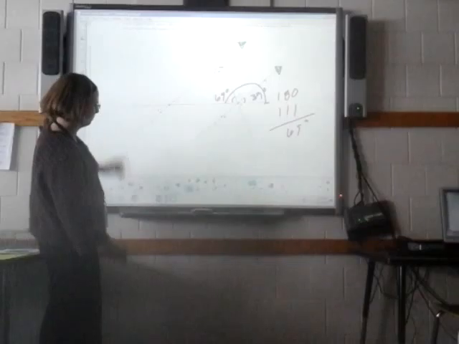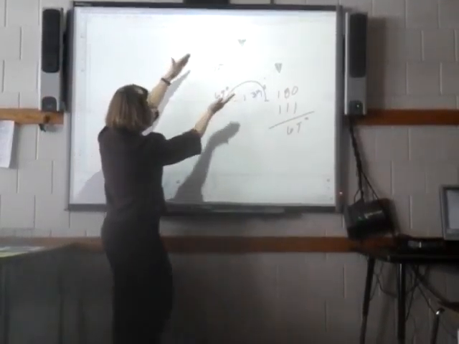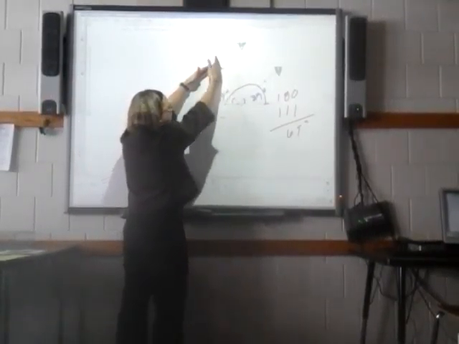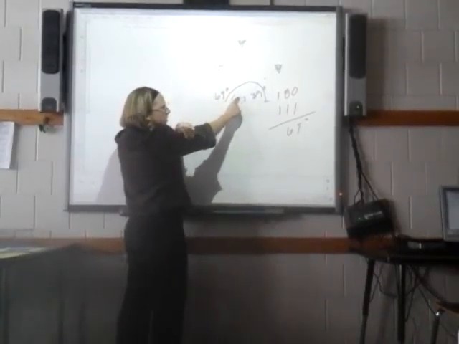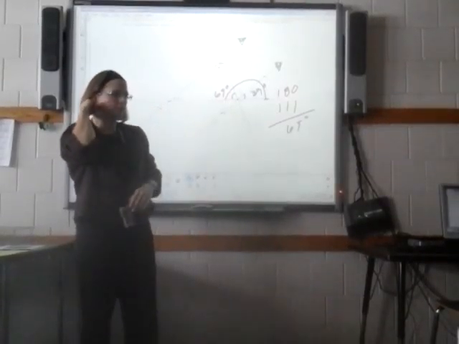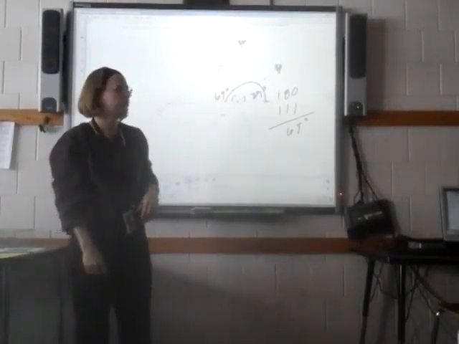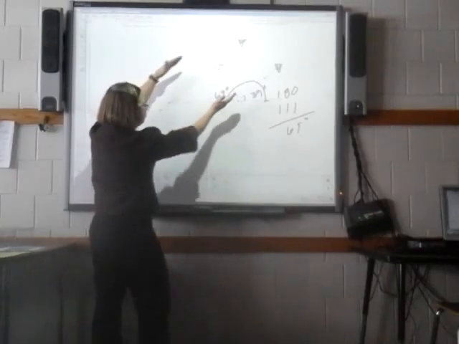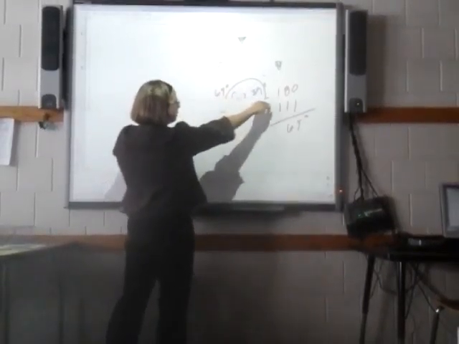Final one. Here's the work for it. You have 2 parallel lines. Here's 1 transversal. Since this is 72, this one has to be 72 degrees because they're alternate interior angles. Okay. 2 parallel lines, 1 transversal.